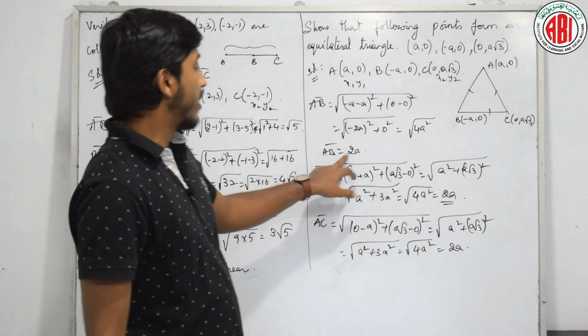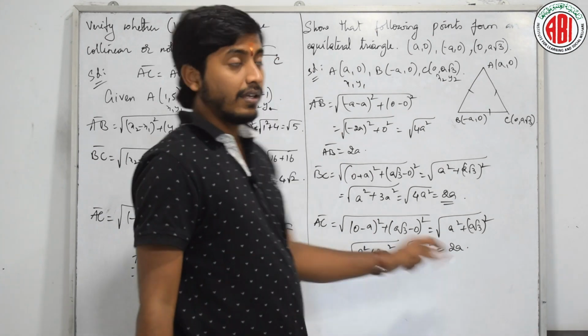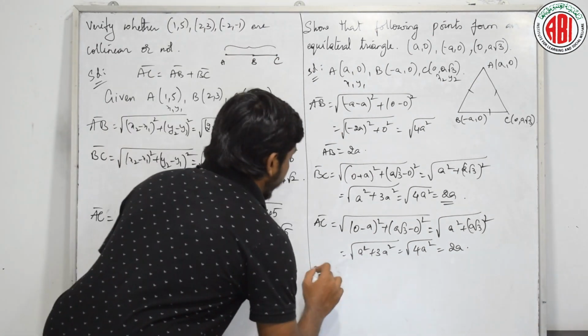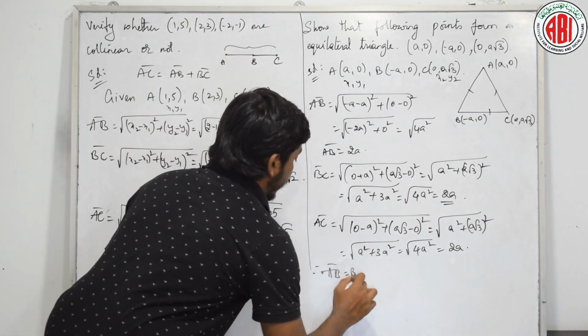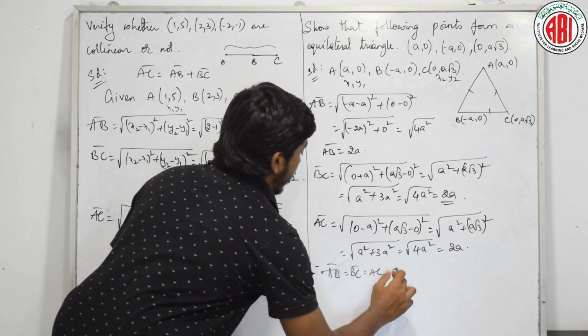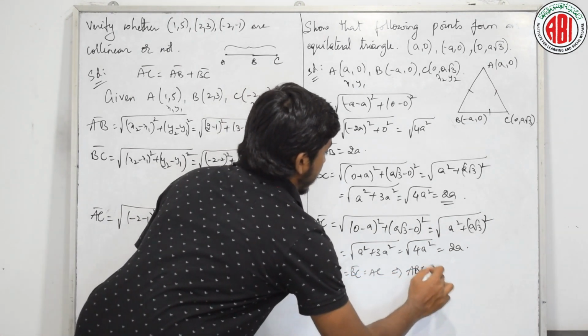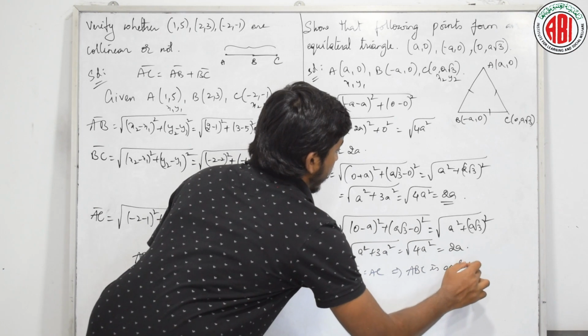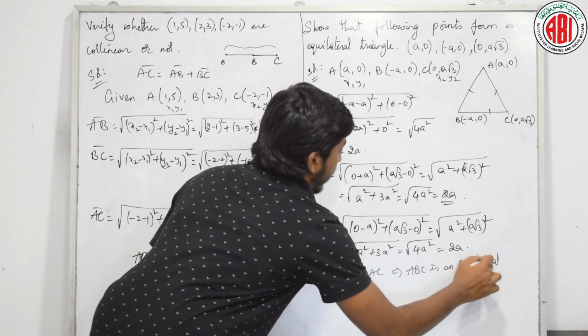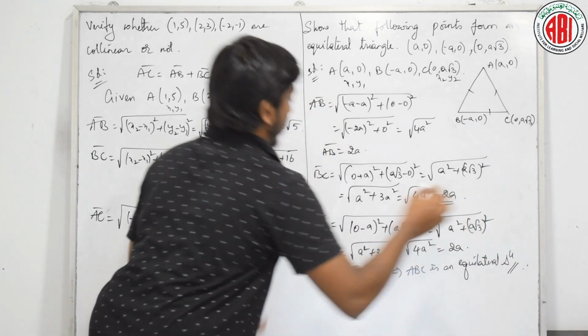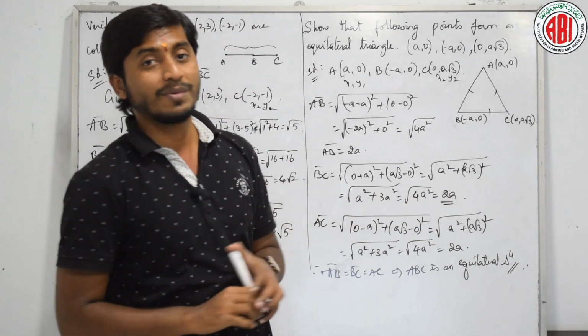Are we getting the same 2a for three different sides? Yes, right? Therefore AB equal to BC equal to AC, that is ABC is an equilateral triangle. Did you understand?